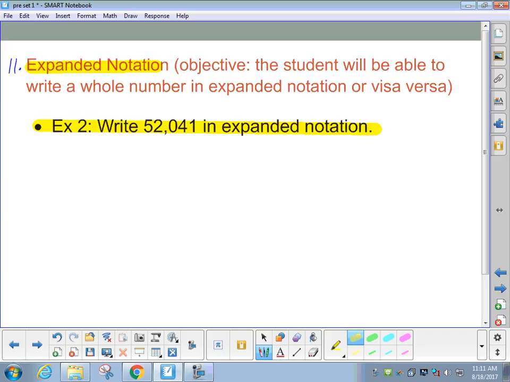Just write that down in your notes. Example 2 is to write that number in expanded notation. Now, expanded notation is a bit of a mess of parentheses and adding up all the place values. In each case, what you're going to do is write this as the sum of many parentheses with the first thing being the digit times whatever the place value is.